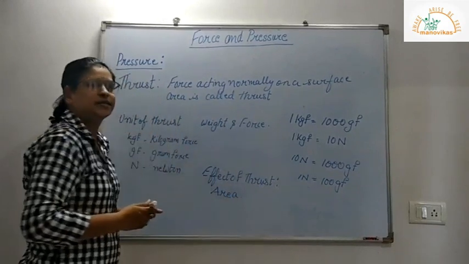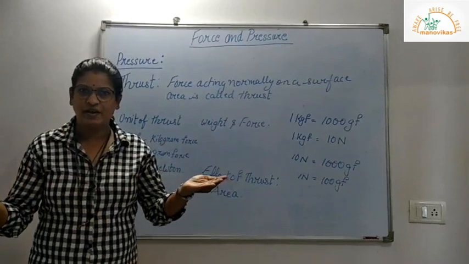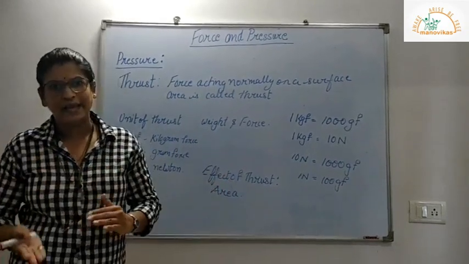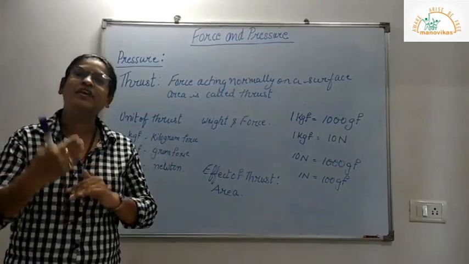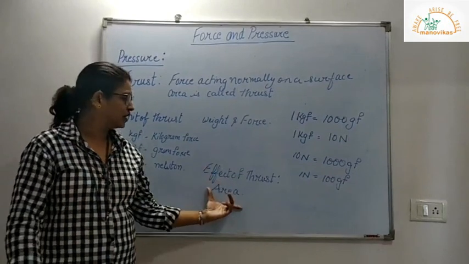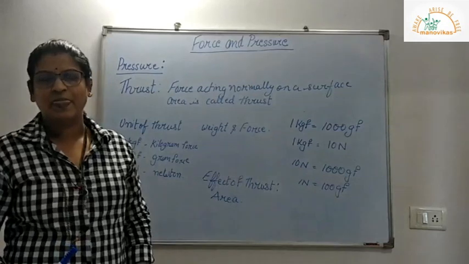The larger the surface area, the less the thrust acting on it, and the lesser the surface area, the more the thrust acting on it. Now to understand the effect of thrust, we take two examples.